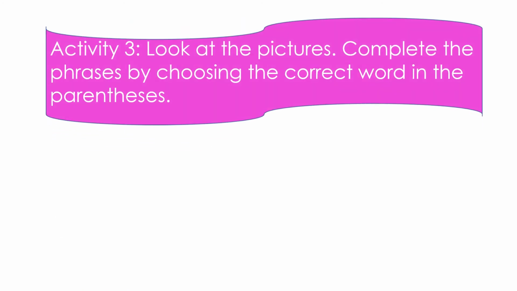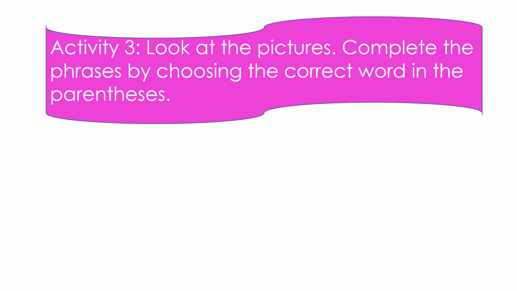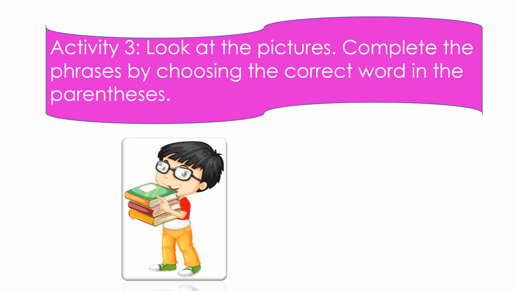Now, let's proceed to activity 3. Look at the pictures. Complete the phrases by choosing the correct word in the parentheses. Okay. This is the picture. What is the boy holding?